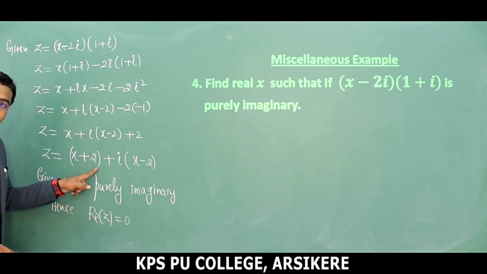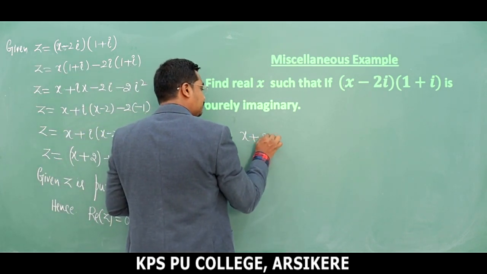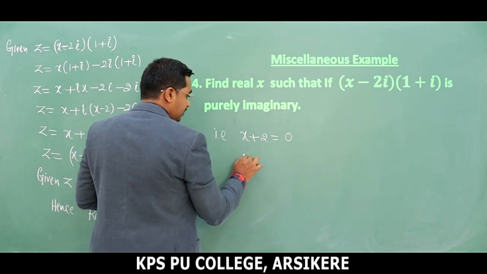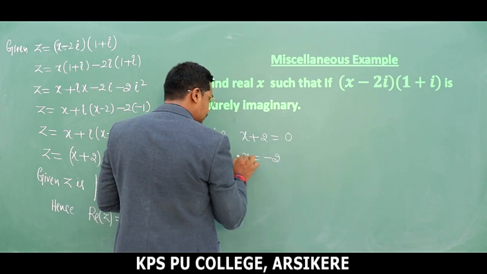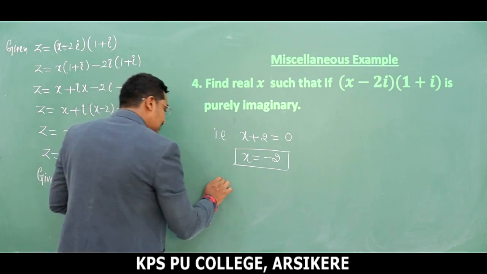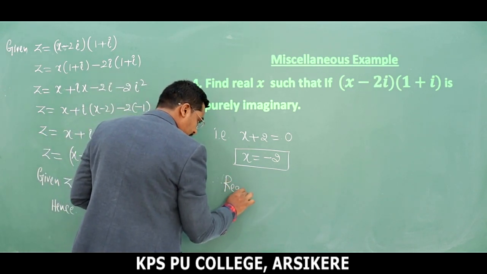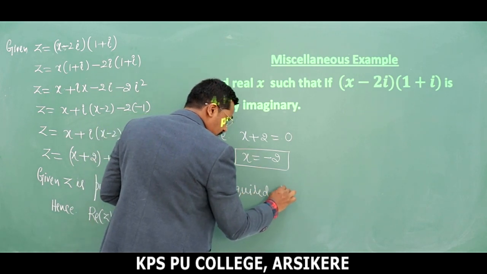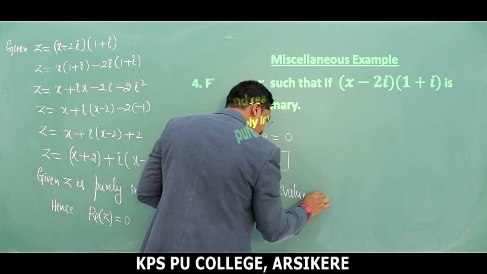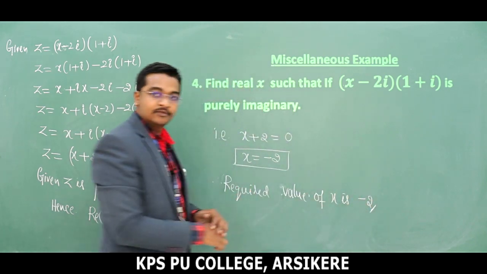Real part of z is equal to 0. That is, x plus 2 is the real part and this reduces to 0. Therefore x is equal to minus 2. Therefore the required value of x, or real value of x, is minus 2. Understood, children?